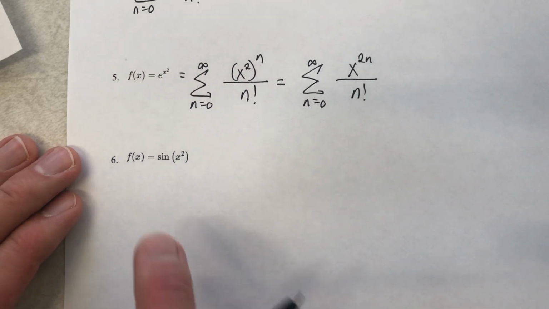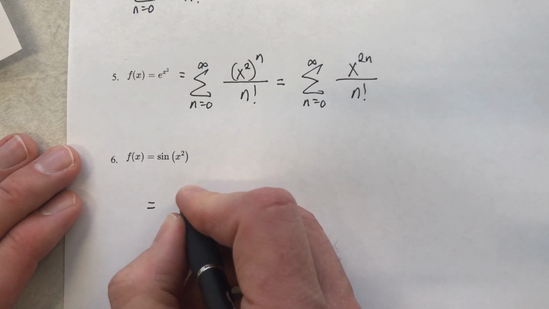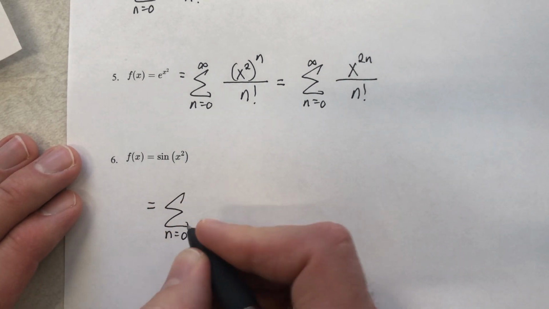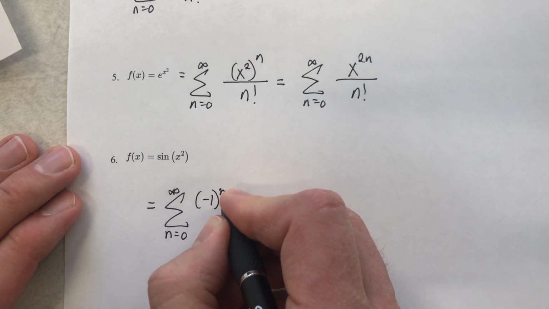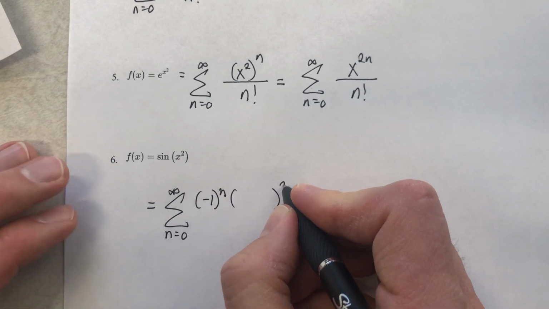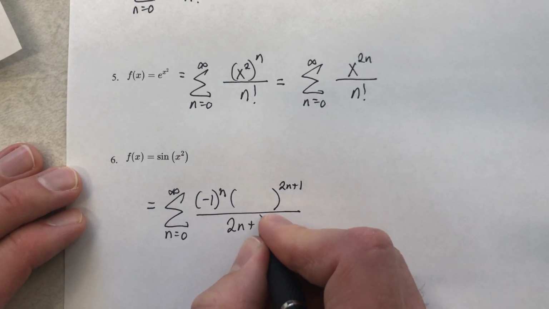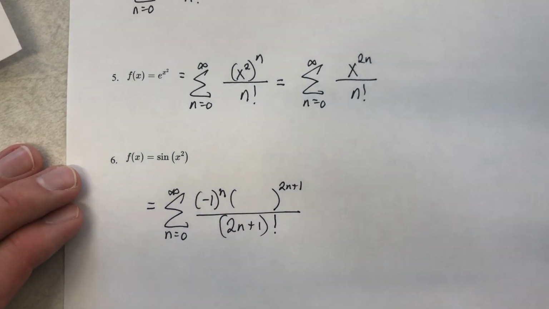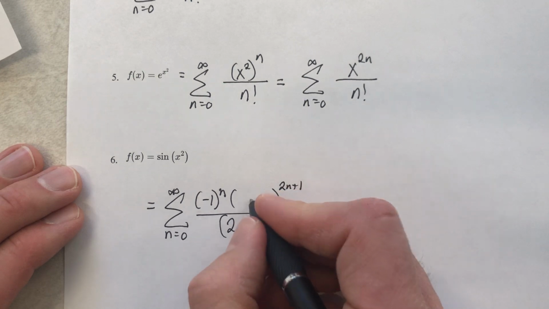Okay. I know the power series for sine, and so do you. It is from 0 to infinity, and it would be negative 1 to the n, and then x to the, has to be odd, 2n plus 1, over 2n plus 1 factorial. Okay, I'm not dealing with x, I'm dealing with x squared.